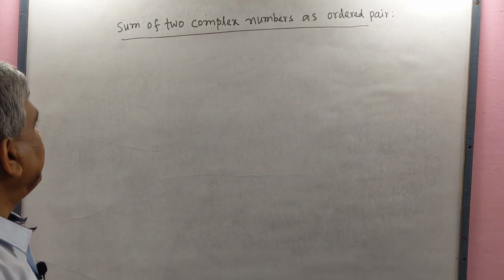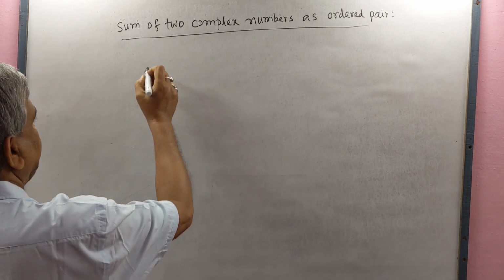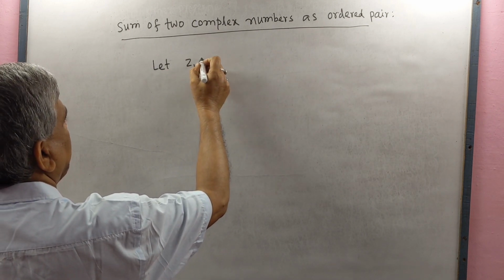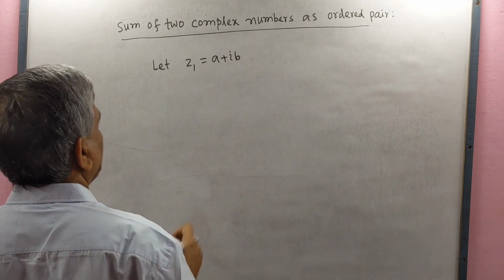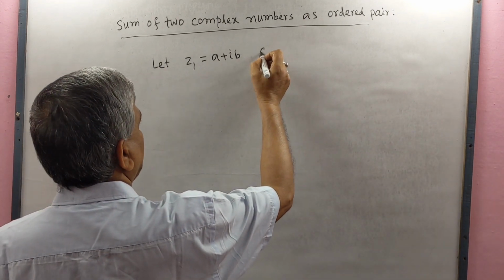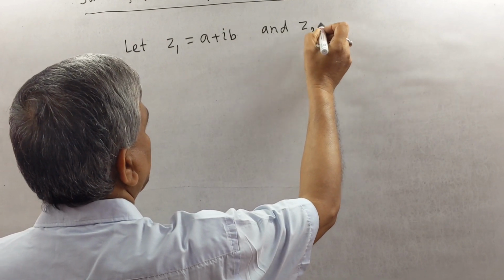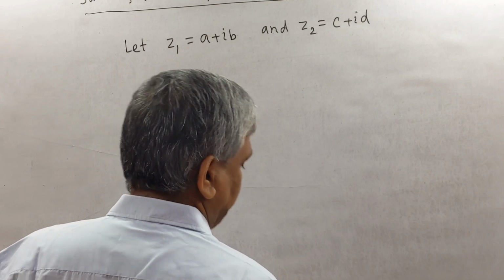Now we define the sum of two complex numbers as ordered pair. Let z1 equal to a plus ib and z2 equal to c plus id be two complex numbers.